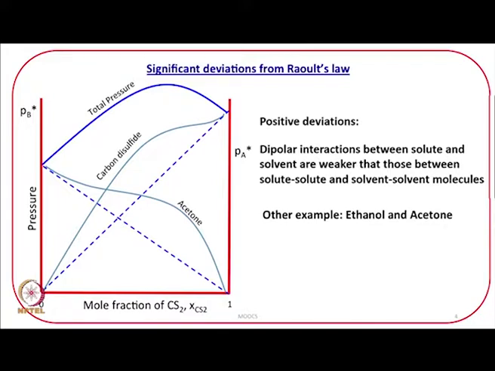You see here, although there are positive deviations on the midway, but eventually when mole fraction is approaching a value of 1, it is obeying Raoult's law. Similarly, when we see for acetone the mole fraction here is 0, and it is increasingly obeying Raoult's law when it is approaching purity.